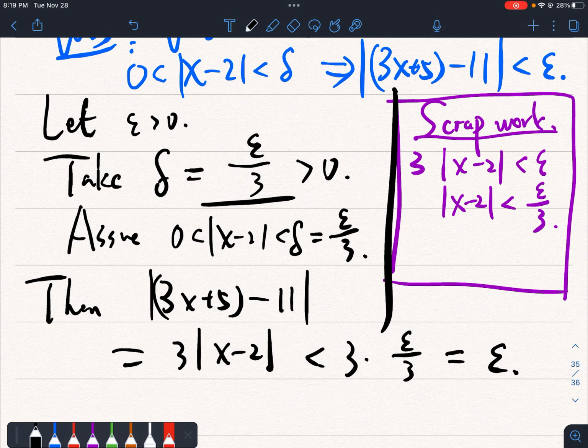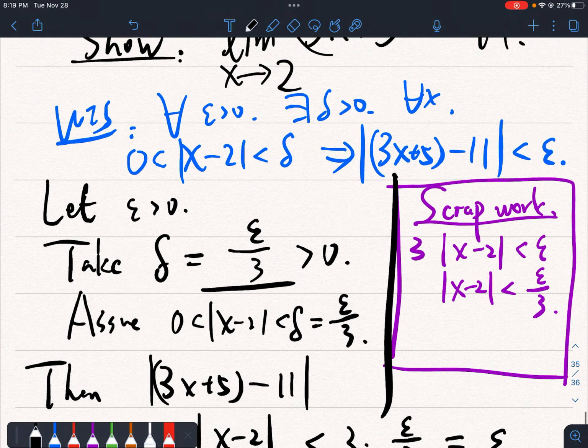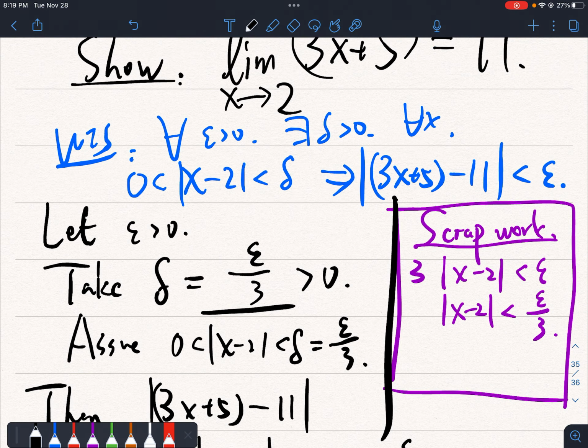So then this is going to be less than 3 times epsilon over 3, which is equal to epsilon, which is not a surprising fact, because we choose this delta by solving this inequality a priori, okay? So usually we just want to solve this inequality based on some facts, like basic algebra, and then we use it to find this delta to conclude this proof.